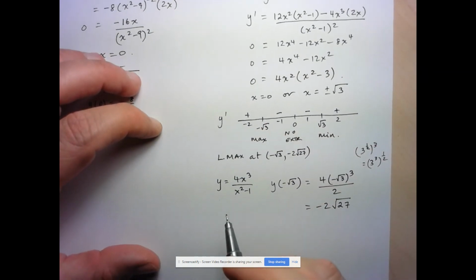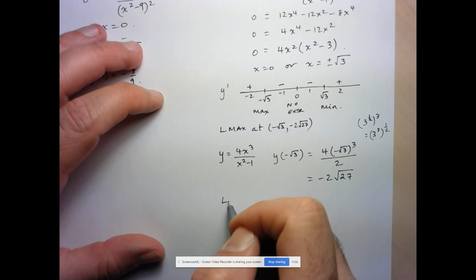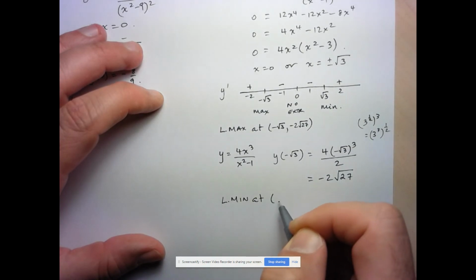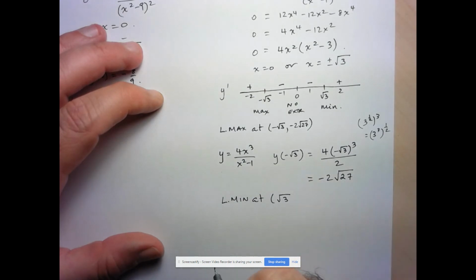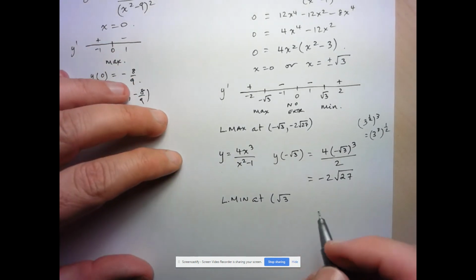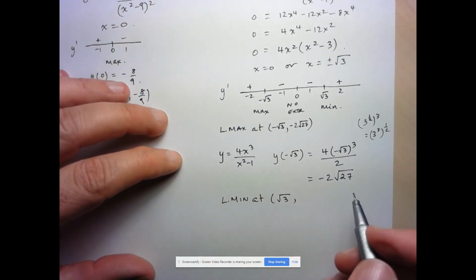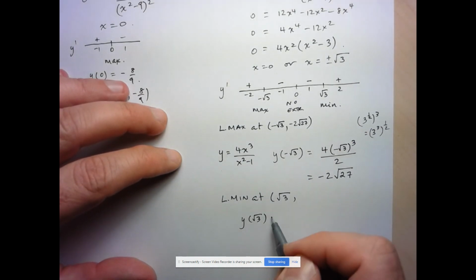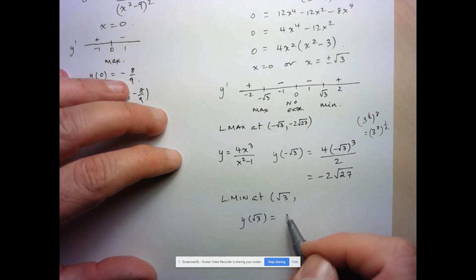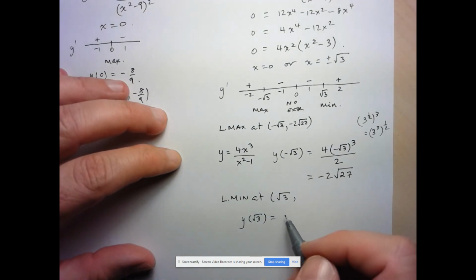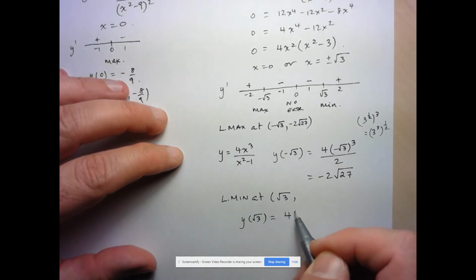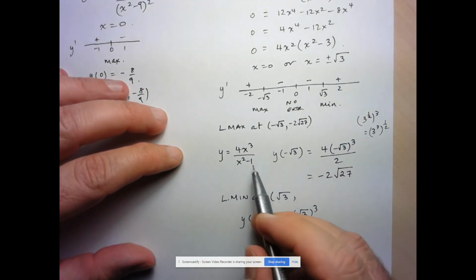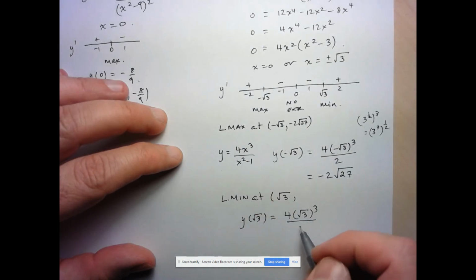Okay, and now let's find our local min. The local min occurs at positive root 3. When I put this into my equation, y at root 3, I'm going to get something very similar. So I get 4 times root 3 cubed over, again, root 3 squared is 3 minus 1 is 2.